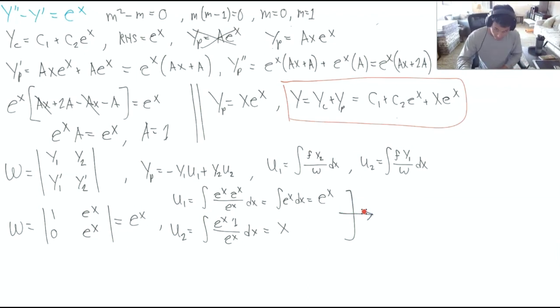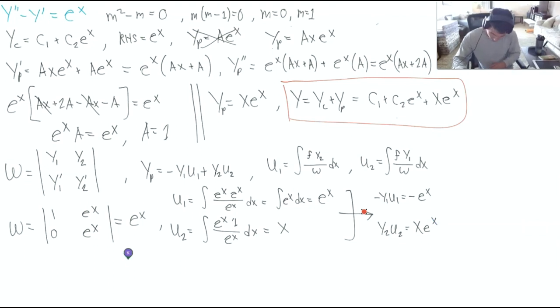So then negative y1 times u1 is going to be negative e to the x. u2, we get y2 u2. y2 is e to the x times x. Okay.